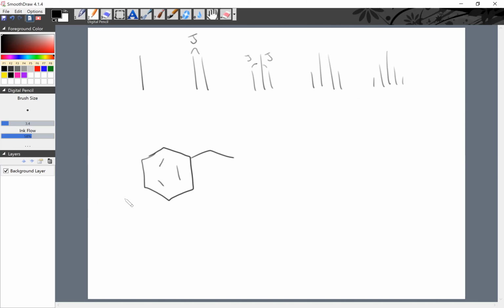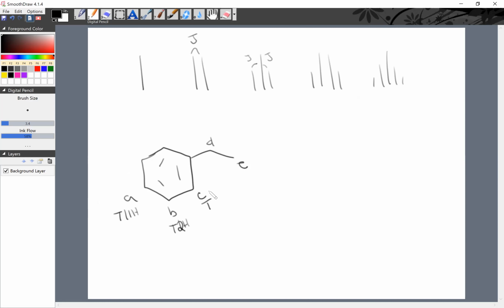We said A, B, C, D, and E. We said this one was going to be a triplet for one hydrogen. We said this was going to be a triplet for, oh sorry, for two hydrogens. And this one was going to be a triplet for one.